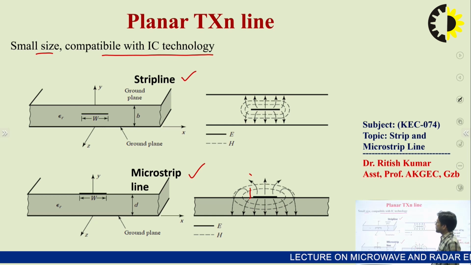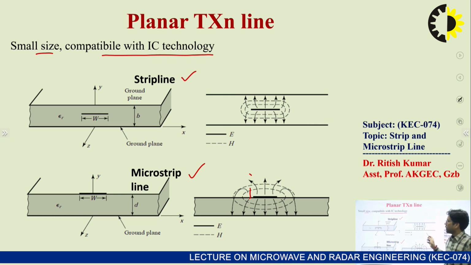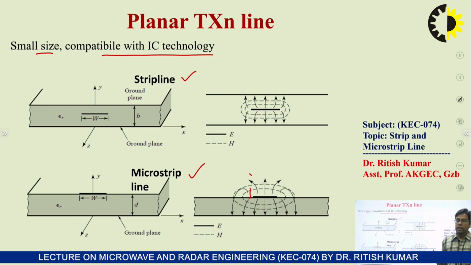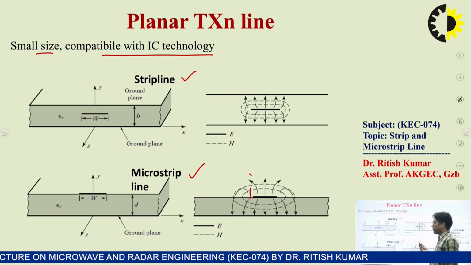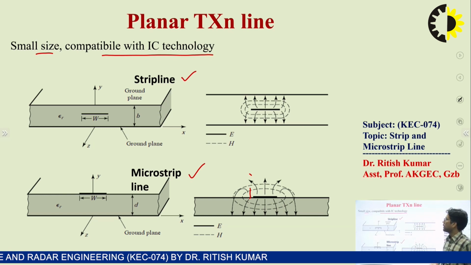If we correlate this strip line with the coaxial cable, we know that a coaxial cable has at least two disjoint conductors: the first one is the inner conductor and the second one is the outer conductor.